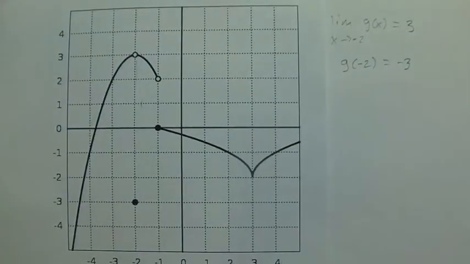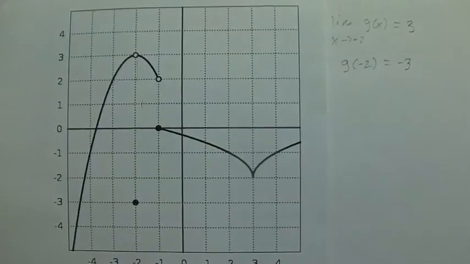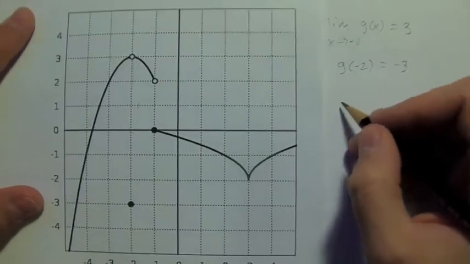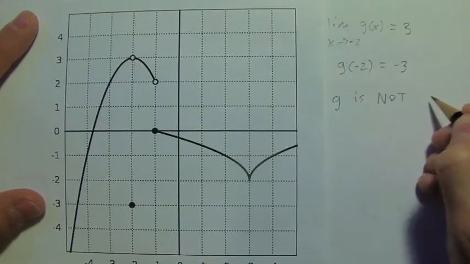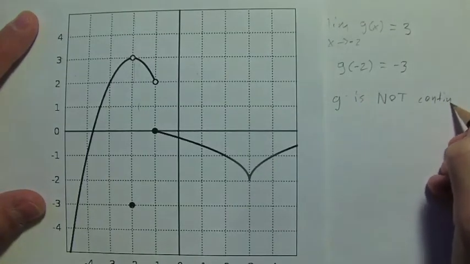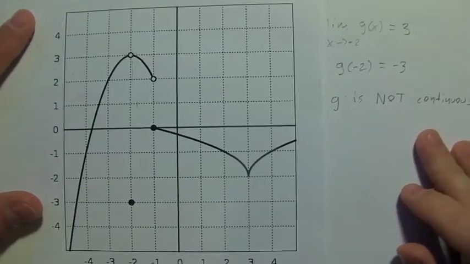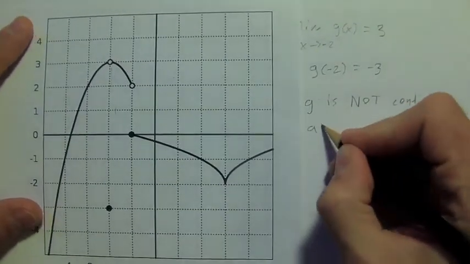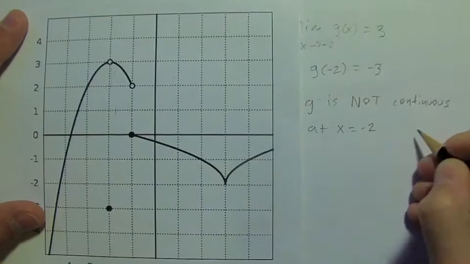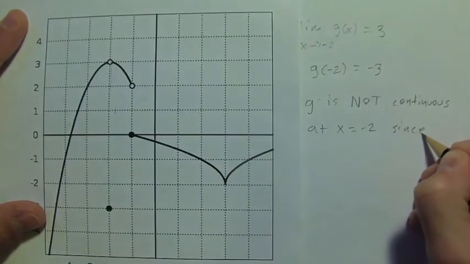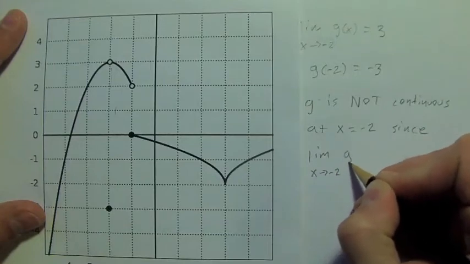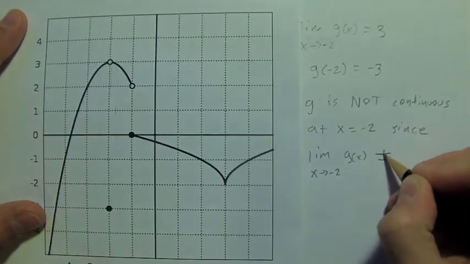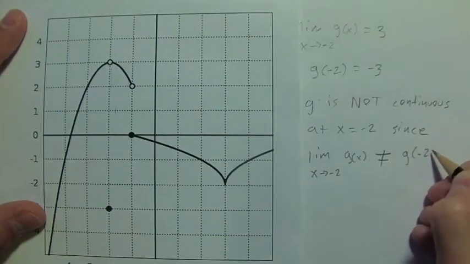Do these two match? Absolutely not. So g is not continuous at x equals -2, since the limit as x goes to -2 of g of x does not equal g of -2.